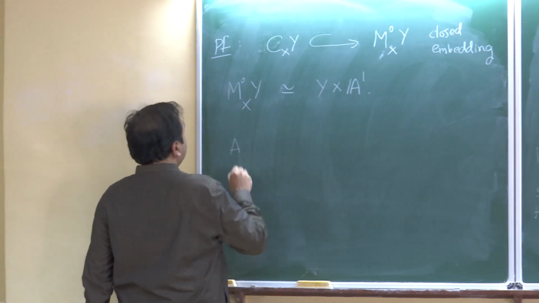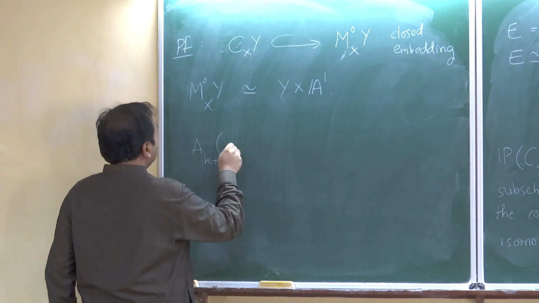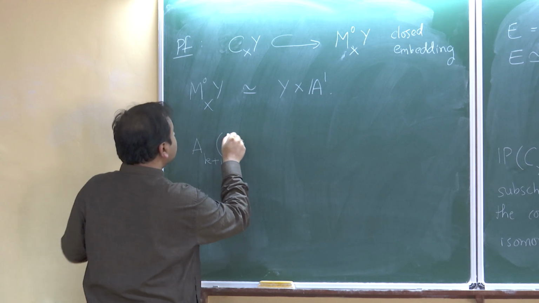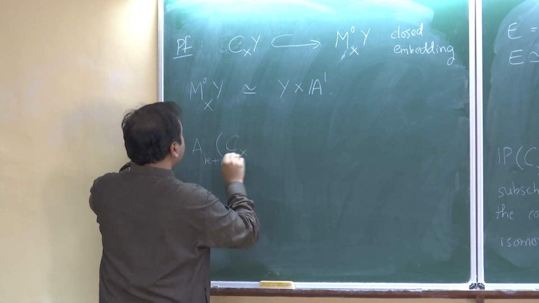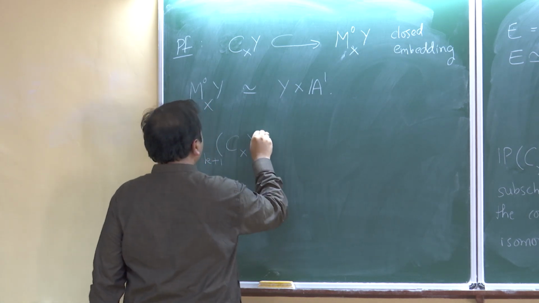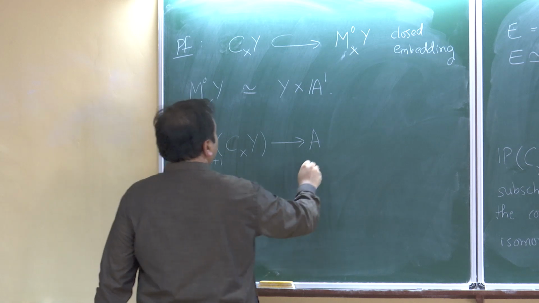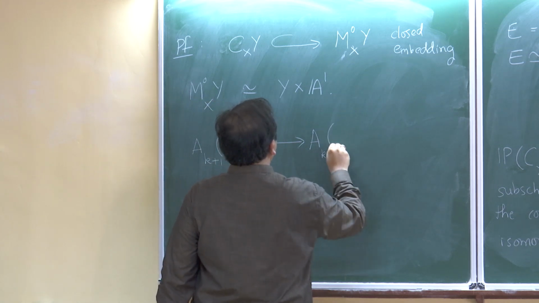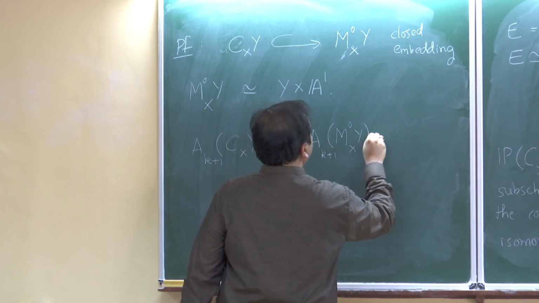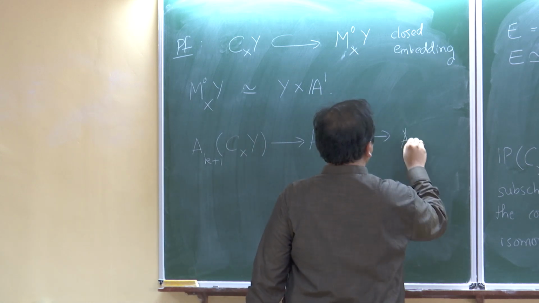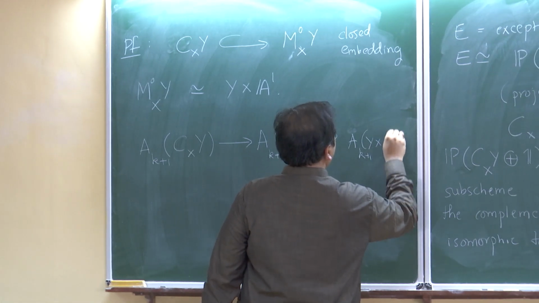So you have A_{k+1} of C_XY mapping into A_{k+1} of M_0 XY, which goes into A_{k+1} of (Y cross A1), into 0.